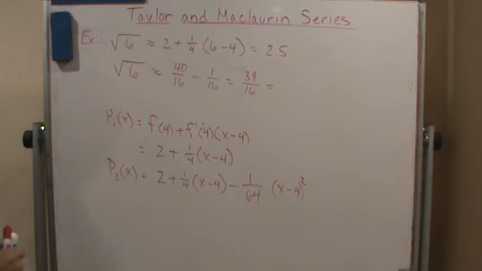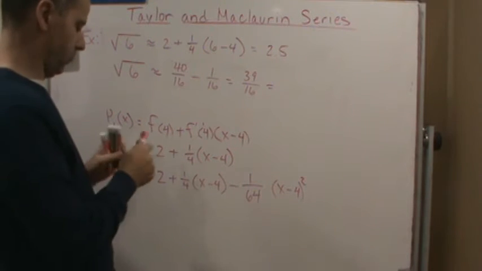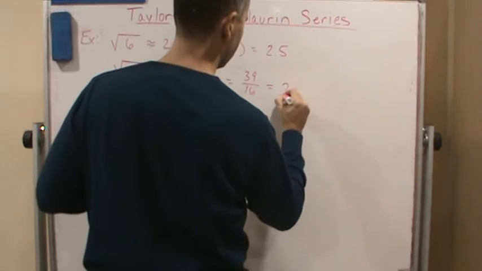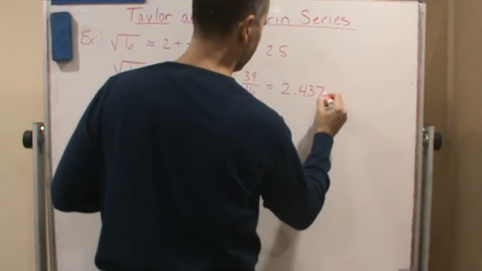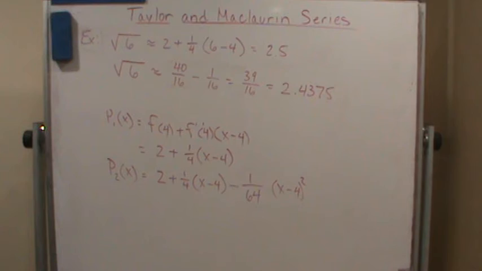And I do have a calculator that will do that. So let's see here. Okay, so that's what we get for the square root of 6 from the second Taylor polynomial.